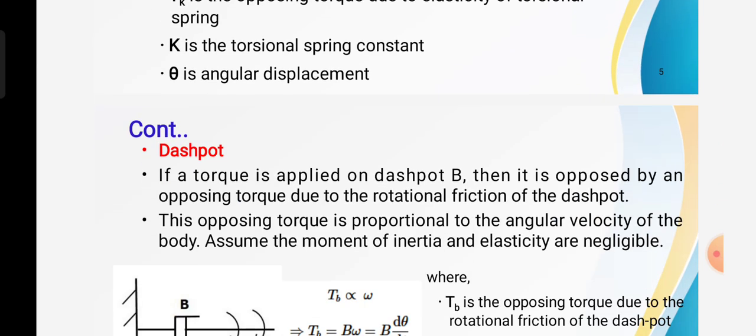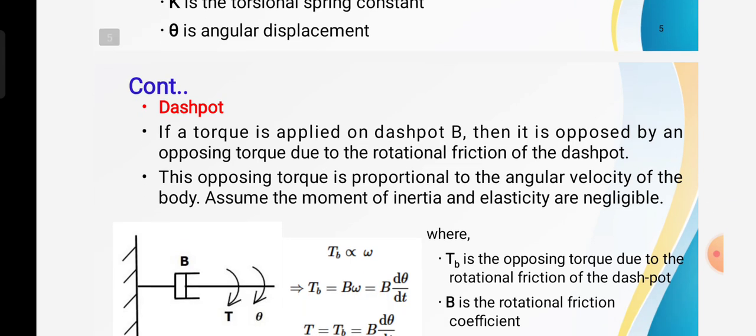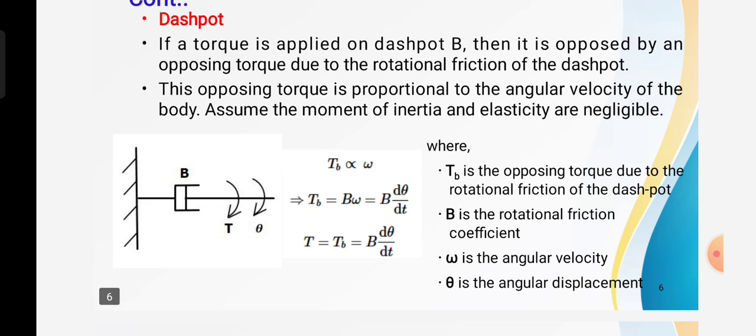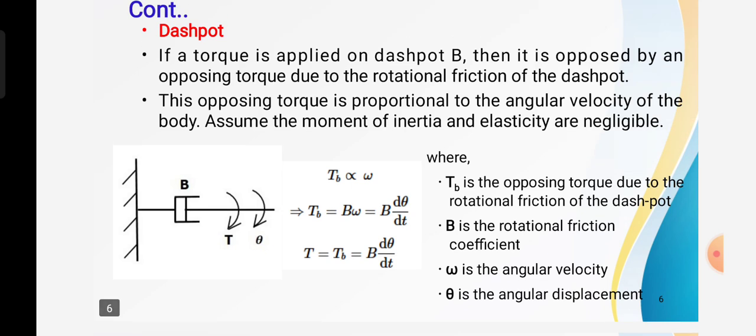And third, dashpot. Now consider an ideal frictional element which has negligible moment of inertia and elasticity. When the torque is applied on a dashpot, it is opposed by the opposing torque due to the rotational friction of the dashpot.